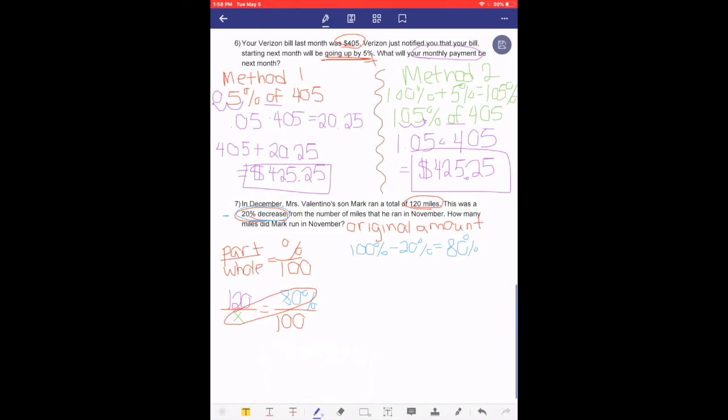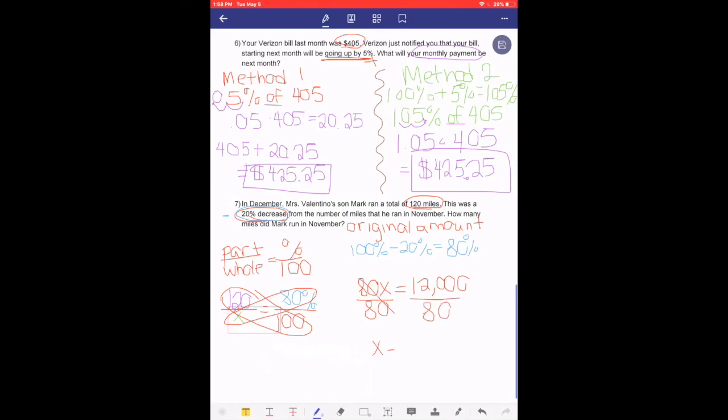X times 80, or is 80x, 80 times x, so 80x equals, then you need to do 120 times 100. When you do 120 times 100, you'll get 12,000. To solve for x, I will divide by 80 on both sides. It will cancel on the left.